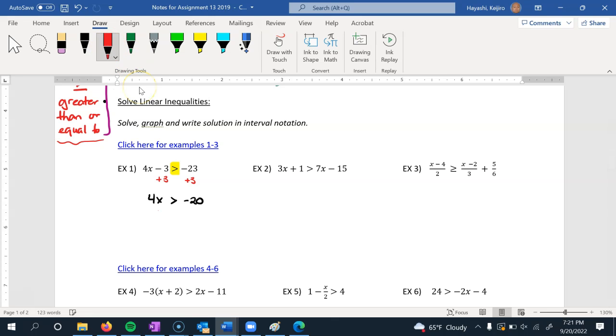And then we'll divide by 4. So x is greater than, what is negative 20 divided by 4? Negative 5. And so it becomes simpler, but it still means the same thing, just written in a simpler way. x is greater than negative 5.